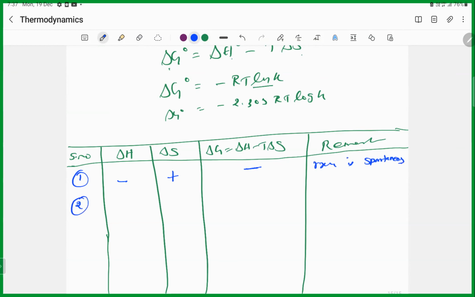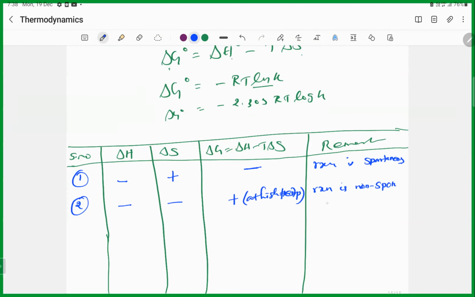Suppose delta H is negative and delta S is negative. Negative into negative is positive. When it is positive at high temperature, the reaction is non-spontaneous.